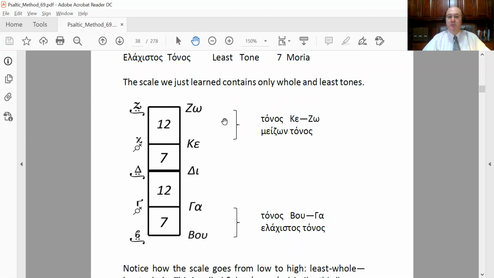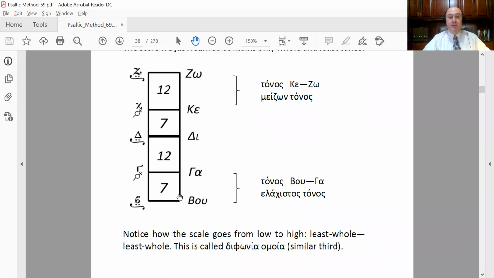Elachistos, meson. Okay? In other words, you see that you have a third, or two tones, two intervals, which in Greek, because it's two, we call diphonia, or two tones. In English, we say a third because we take the number of notes instead of the number of tones.